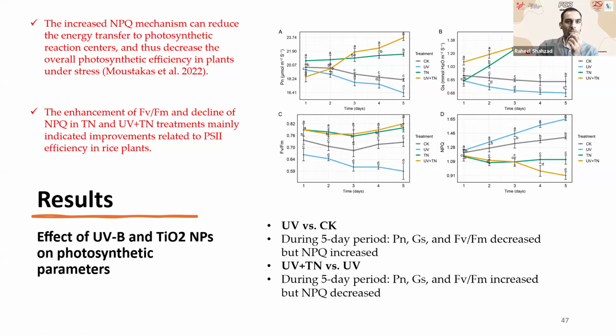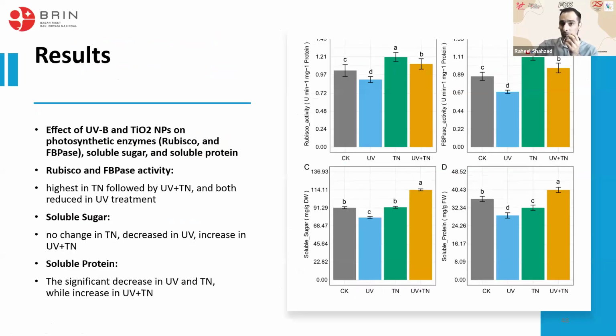So we find that the UV plus TN treatment group has a higher efficiency of photosynthesis in terms of Fv by Fm. So these are some basic results. I encourage you to read the paper, because I would not be able to explain every result in detail in this presentation.